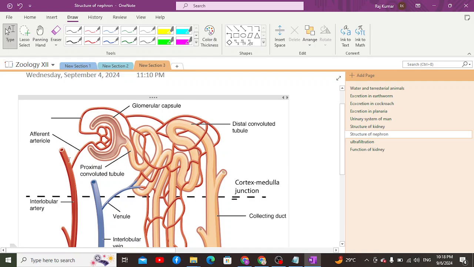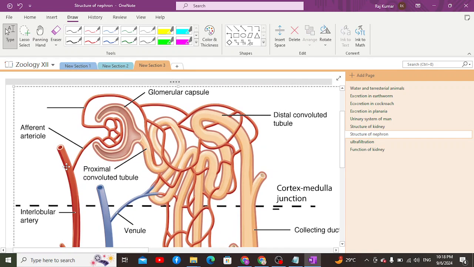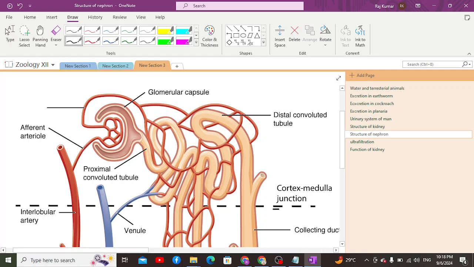Once a renal artery enters into each kidney, it further divides into afferent arterioles, which go into the nephron. When the afferent arterioles go inside the nephron, they divide into a smaller diameter tuft of capillaries, which contains around 40 to 50 capillaries, known as the glomerulus.